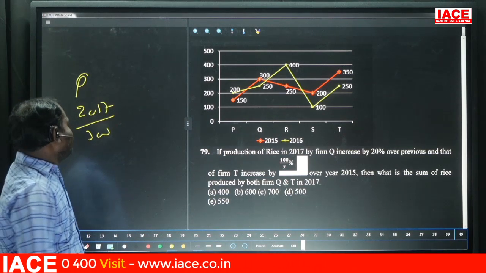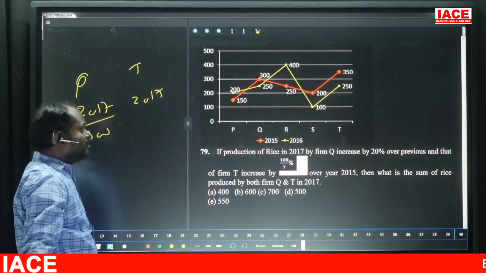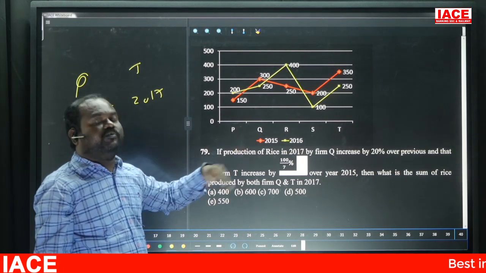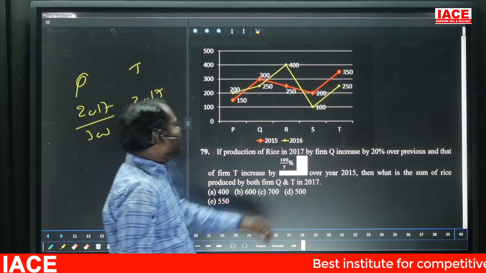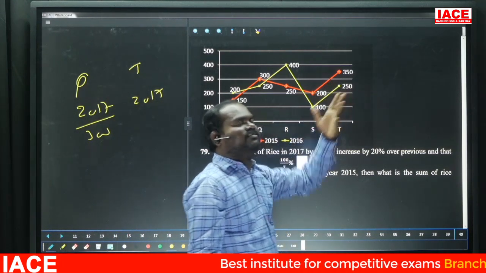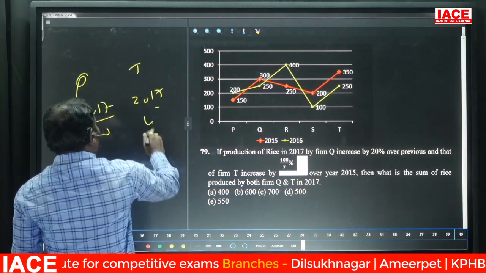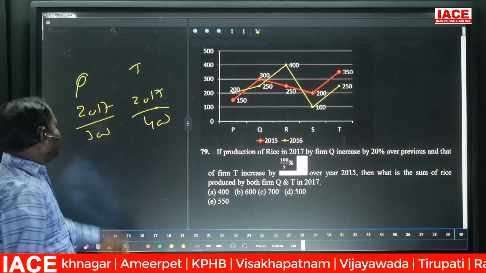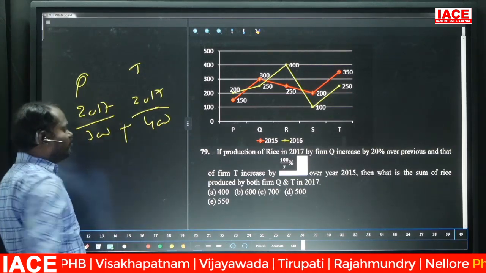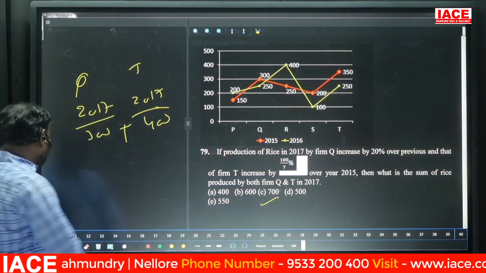T 2015 value is 350, 1/7 of that is 50 extra, that means 400. The question asks the sum of both firms Q and T in 2017: 700, 3 plus 4, 7. Option C, 700. Next.